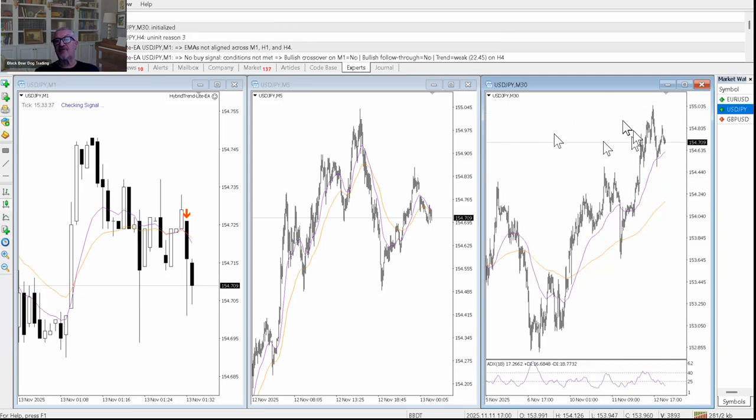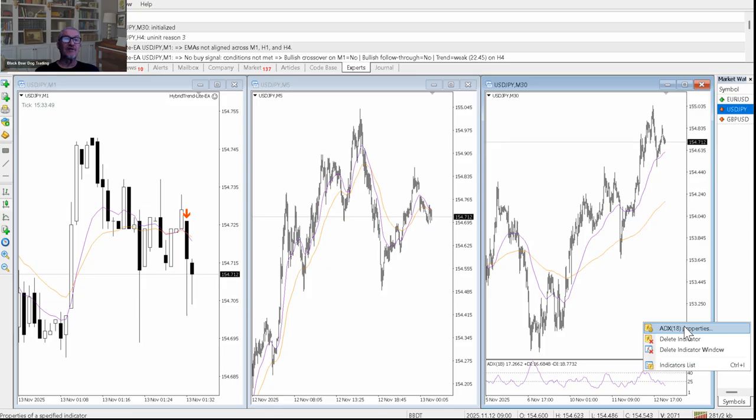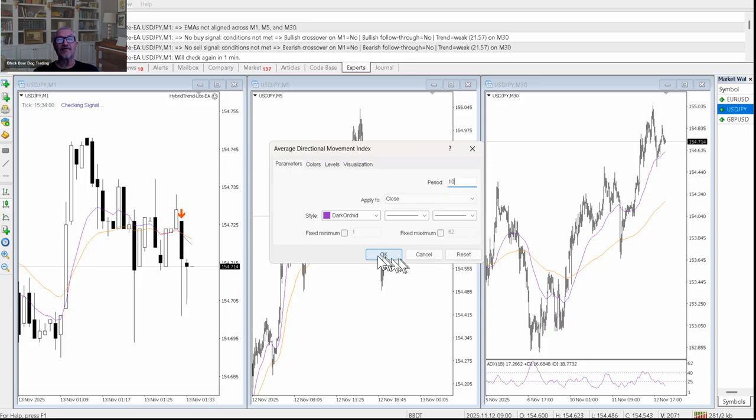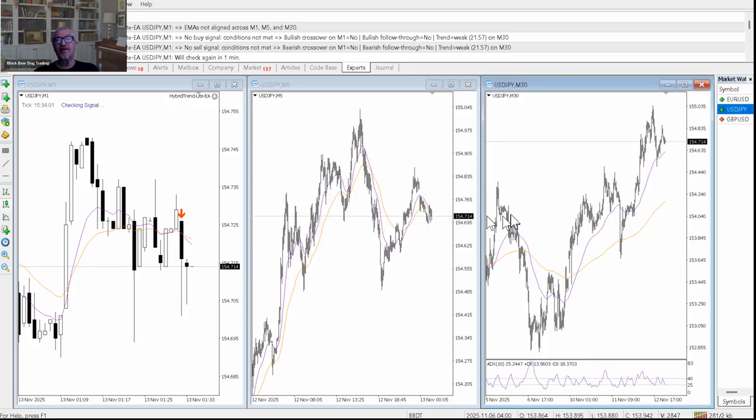Now for the M30, you need to set the ADX to 10 in order to match with whatever diagnosis is given. So we set that to 10 and click on OK. Here we go. And now here we are. Here we see it automatically adjusted the charts' time frames.